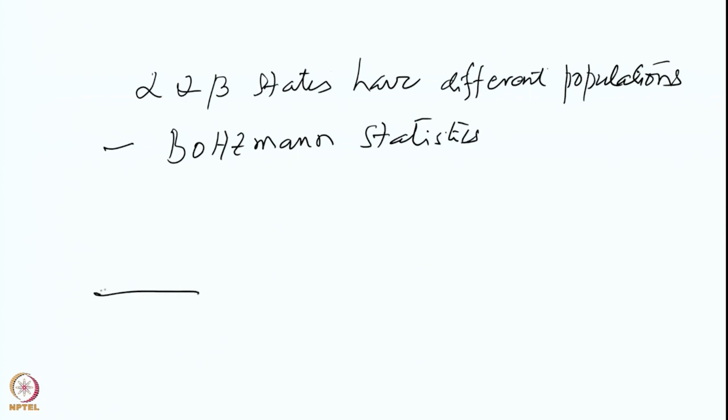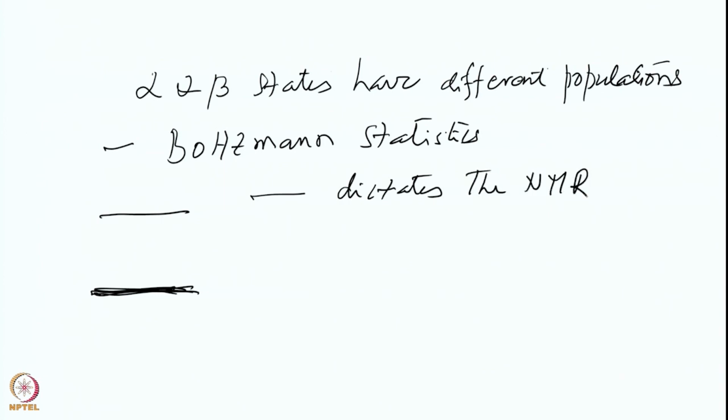So, you can represent it like this. This is the alpha state, there are more spins here, and this is the beta state, there are fewer spins here. This population difference is responsible for the NMR signal intensity. So, this dictates the NMR signal intensity. We will see how, later.